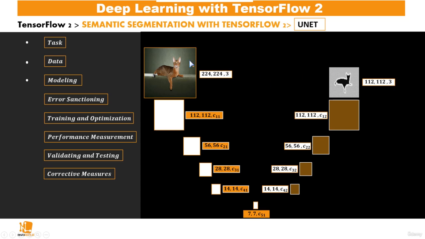Now unlike in the input where this 3 represents the RGB channels, where we have the red, green, and blue channels, here we have instead the background, the boundaries, and the object. In another problem where we have several objects in one image, we will have the background, the boundaries, and the total number of possible objects in an image.